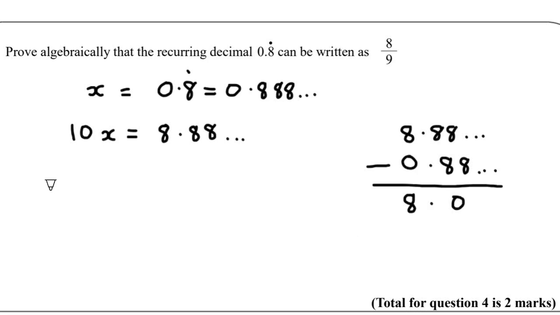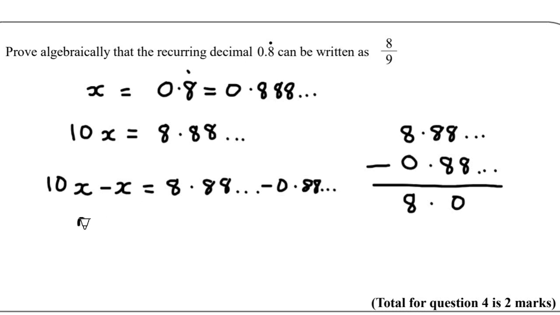So what we are actually doing is getting rid of the extra decimals, the recurring decimals, by doing 10x take away x, and that is 8.888 minus 0.888.